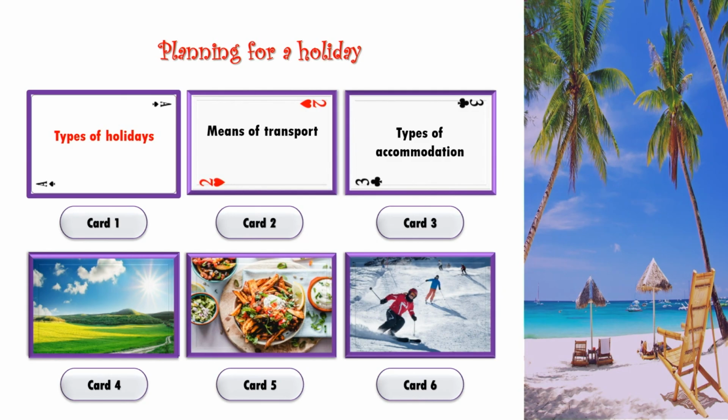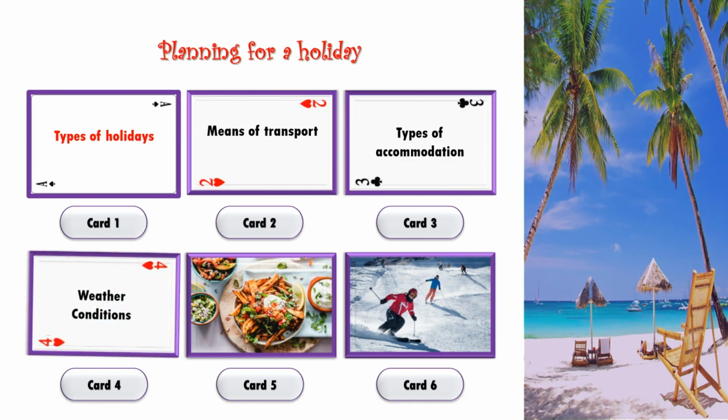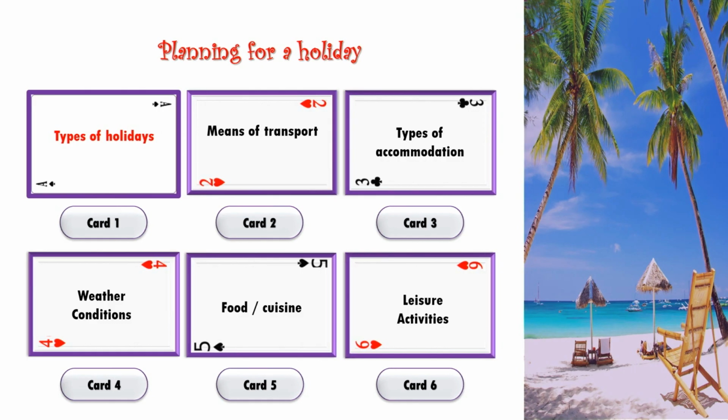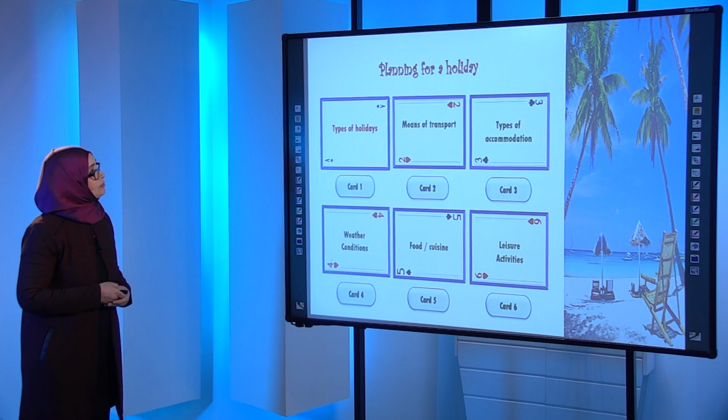This is the fourth card, I think you guessed. Of course, the weather conditions are very important. And food or cuisine, each one of us has his own choices. And the last card is about the leisure activities we want to take up.